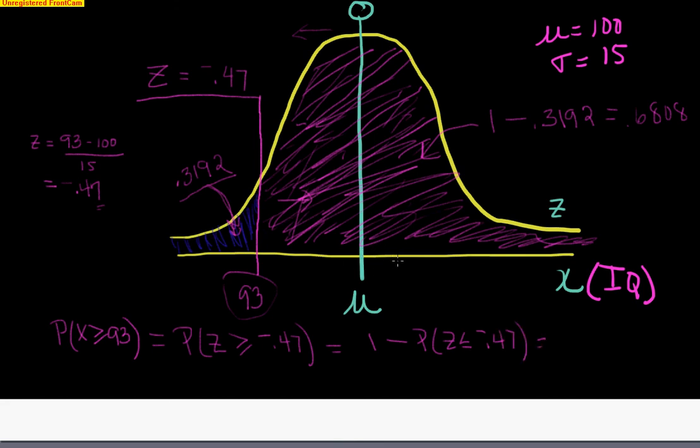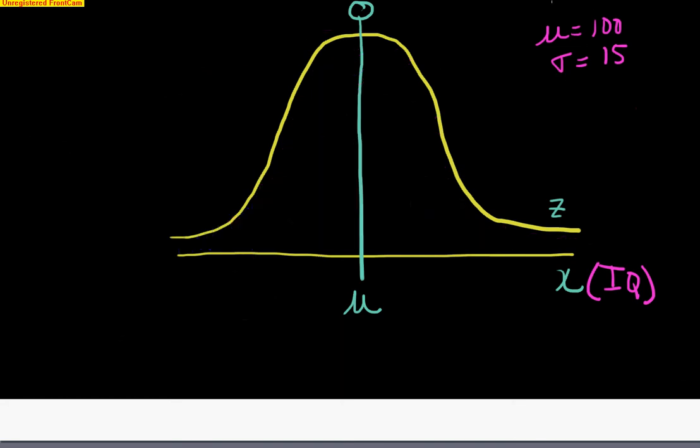It's always good to put it into the less than, which is equal to 1 minus 0.3192, which is ultimately equal to 0.6808, roughly 68% is our final answer. About 68% of the population will have an IQ of greater than 93. So that's how you use the z-table to help you with greater than.